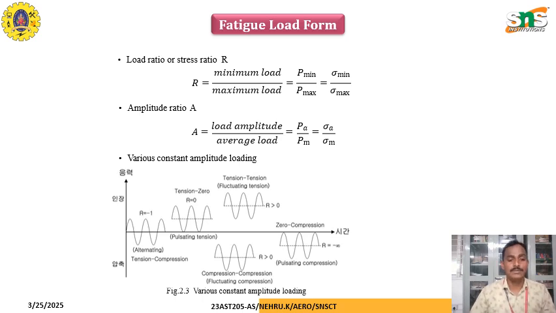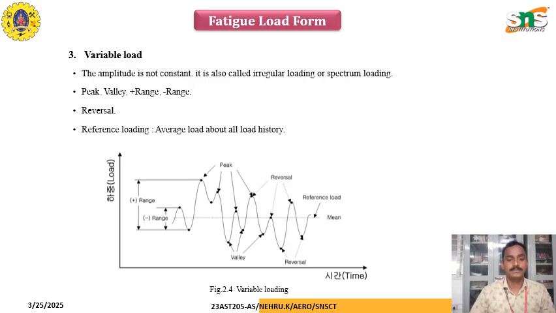The amplitude ratio A is the load amplitude divided by the average load in the cyclic loads, that is sigma A by sigma M. The various constant amplitude loadings are given in this pattern from the mean value: tension or fluctuating load, zero compression, that is a pulsating load, or compression where tension is zero, whereas the ratio becomes zero, and tension compression can be R equal to minus 1. These are the various constant amplitude loading patterns.